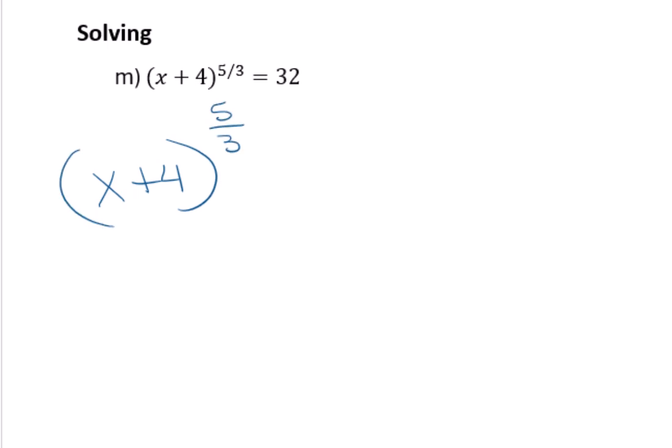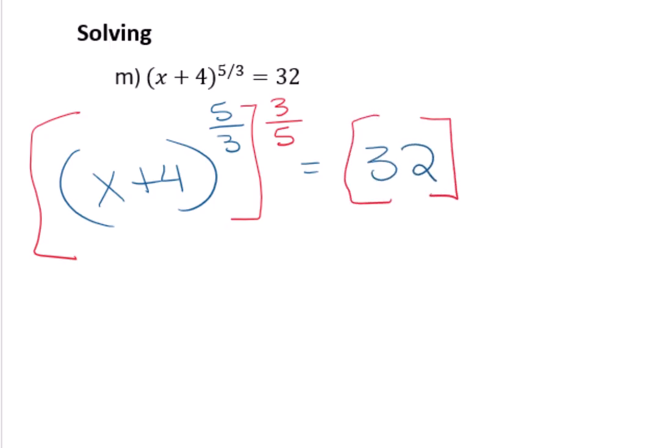So what we would do is take this entire side to the reciprocal, 3/5. Because remember, with our exponent rules, we would multiply those exponents. But if we do it to the left, we must also do it to the right. So 32 to the 3/5. When we multiply these two, we get 15 over 15, which is just x plus 4 to the first power. And then we get 32 to the 3/5.